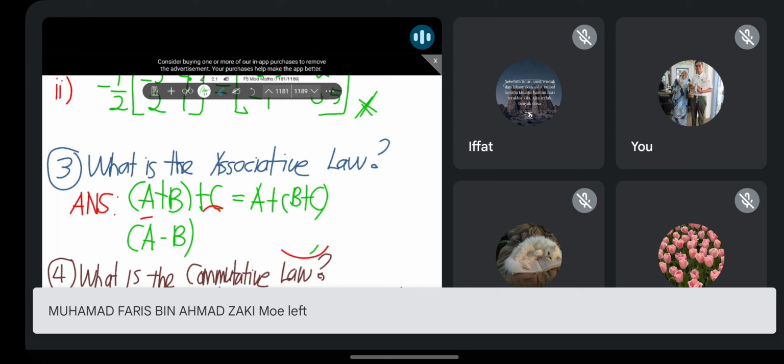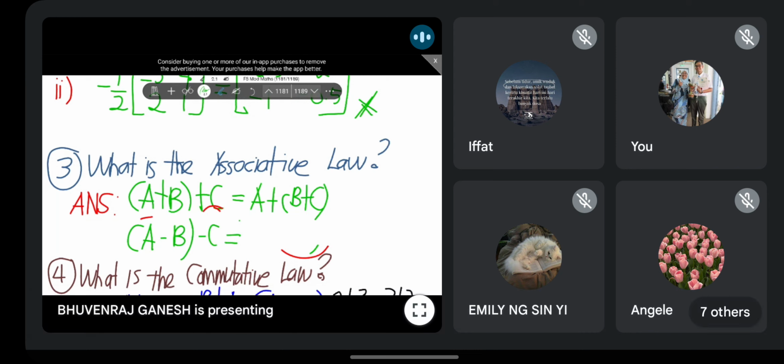A minus B minus C is not equal to A minus (B minus C). Can you all understand what I wrote, guys? You can test and see. The left hand side is (A minus B) minus C. The right hand side is actually A minus B plus C.